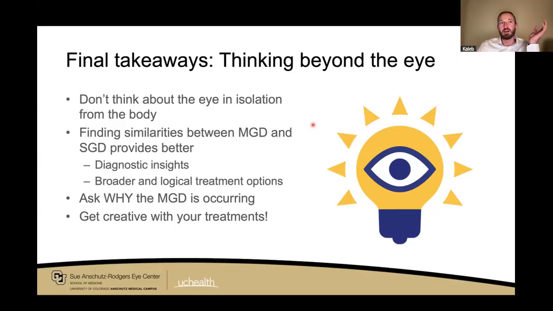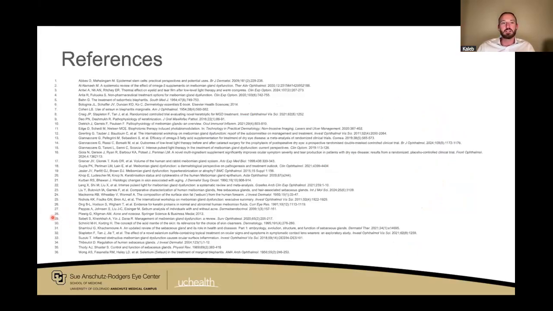Unfortunately, in eye care, we're about 50 to 70 years behind dermatology in a lot of our treatments, but I think we're hopefully going to catch up sometime soon, or at least start regaining some ground. We need to ask why the MGD is occurring, and then we can get creative with our treatments. We can look to our dermatological colleagues, see what they're doing, and this can give us insights into how we can better help our patients.